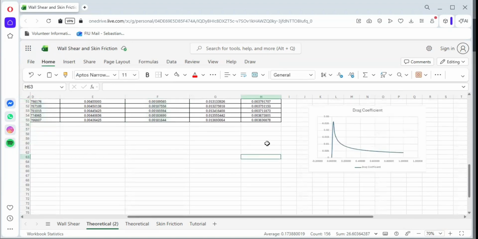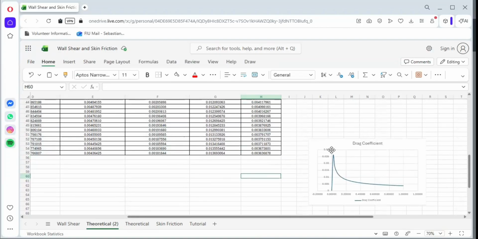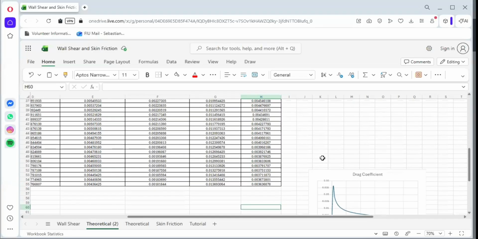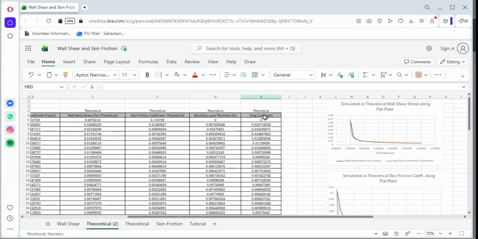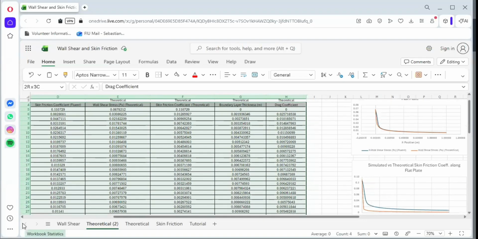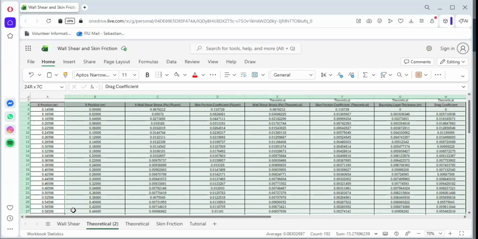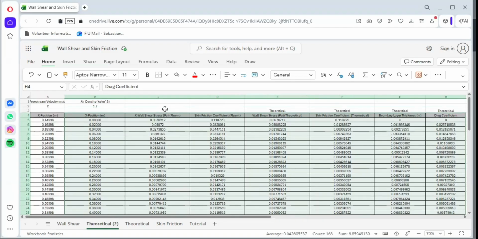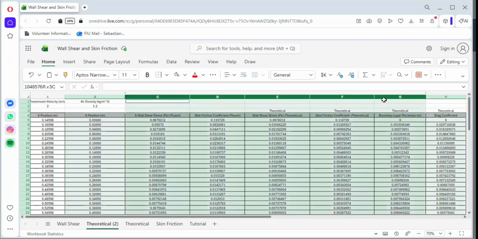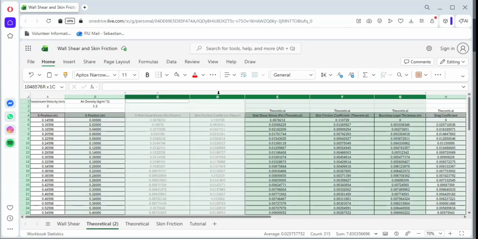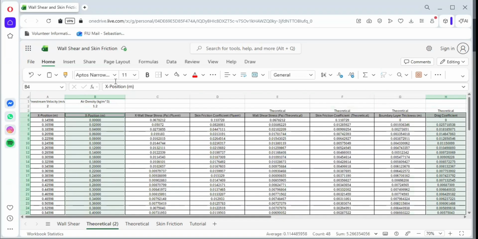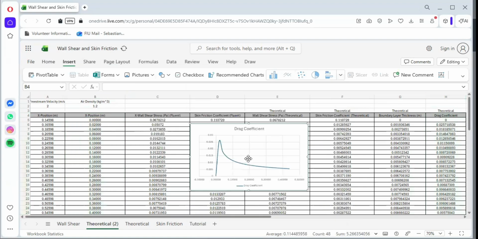And the other thing we wanted to look at was the drag coefficient. I have it graphed here, but I'll just do it again. So I'm going to go here, and then I'm going to get rid of these, insert, do one of these.